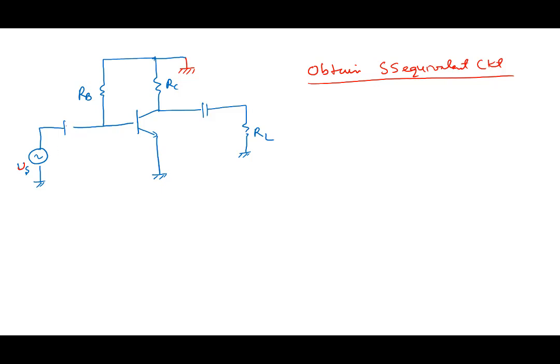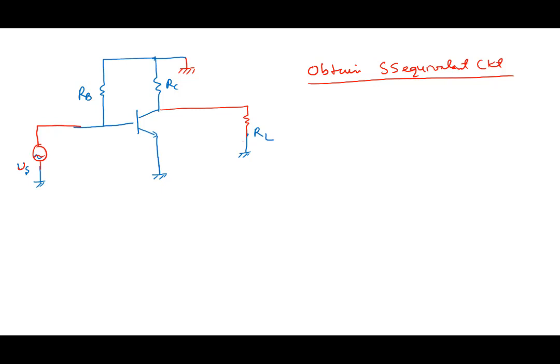So we short this, Vs, we short it, we short this and we short this, RL. Fine, that step is done.